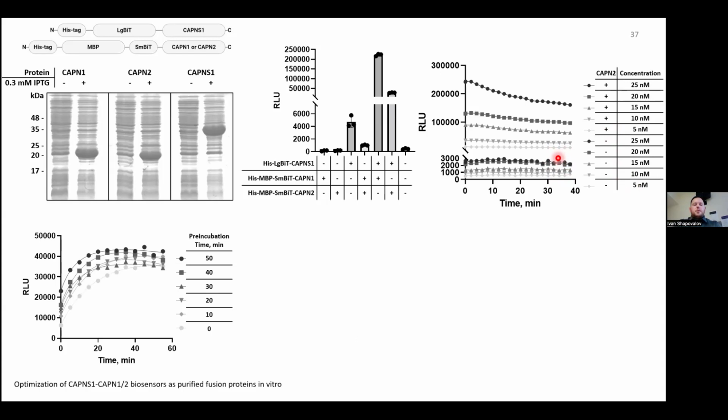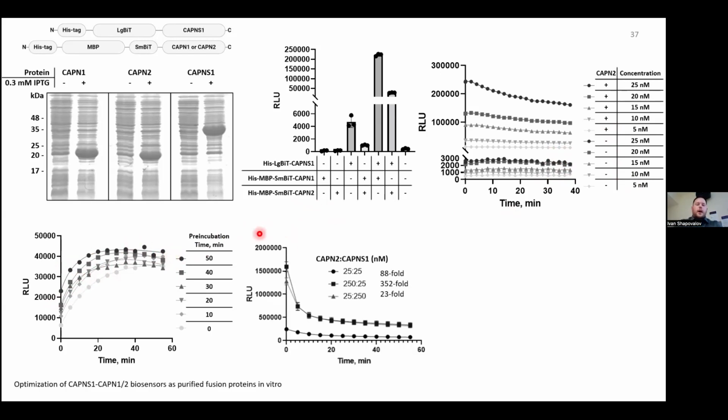Next step of optimization was to study the effect of pre-incubation times on the binding of our proteins and on the biosensor assay. Here, what I established is that pre-incubation is necessary to see optimal signal, in that we observe more binding as the proteins are incubating together, but that plateaus at roughly 60 minutes of incubation time.